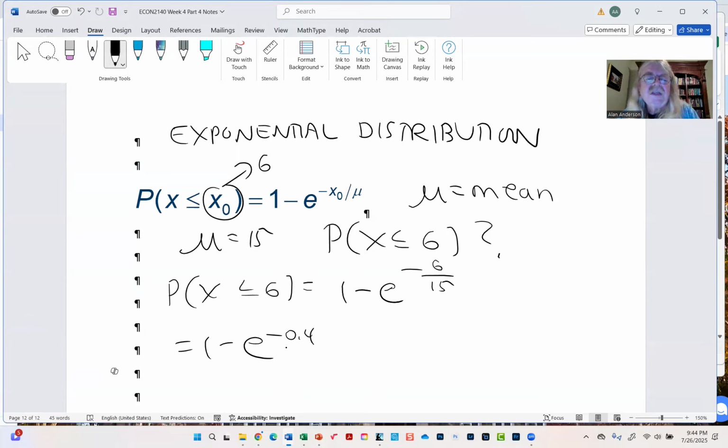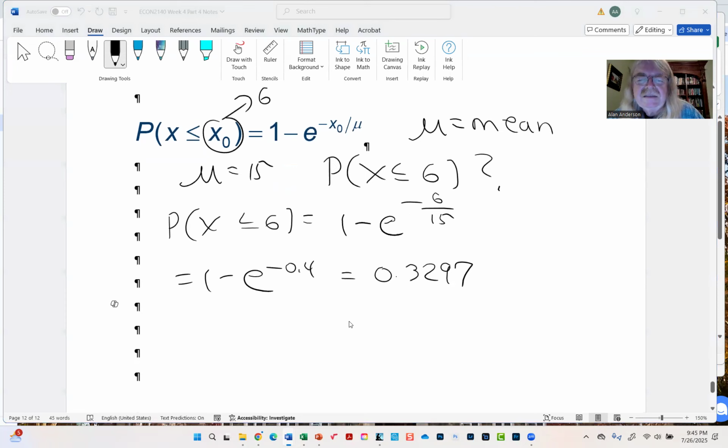So if you plug this into your calculator, you'll get 0.3297. That's it. That's all you have to do.